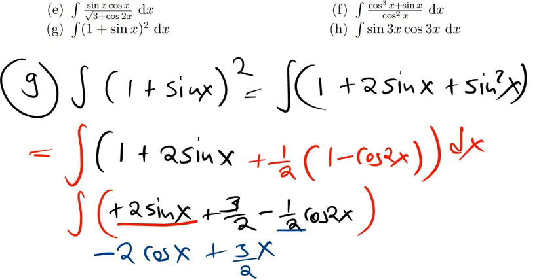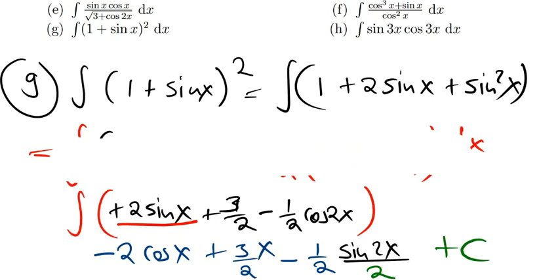Then this part, 1/2 cosine 2x. Similarly, what's the integral of cosine? It's sine. Sine what? Sine of 2x. Now you divide by the derivative of 2x, which is 2. Okay, plus constant c at the end.